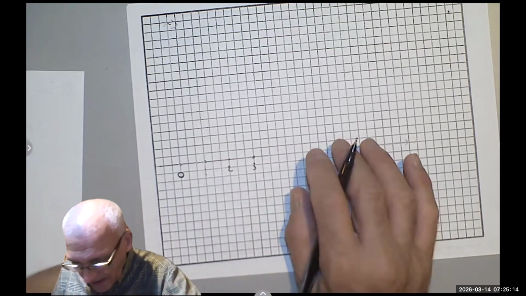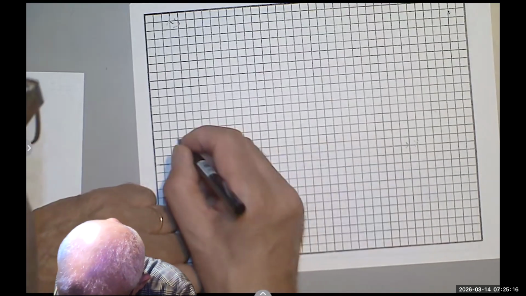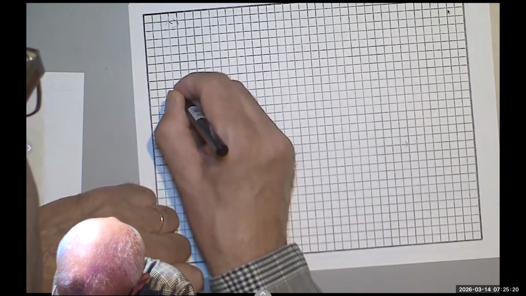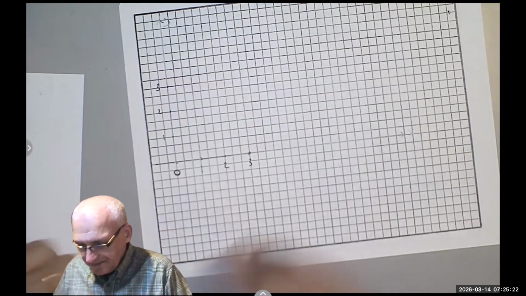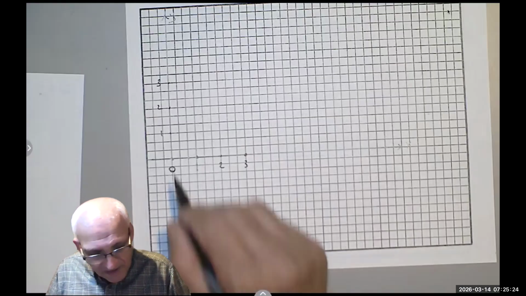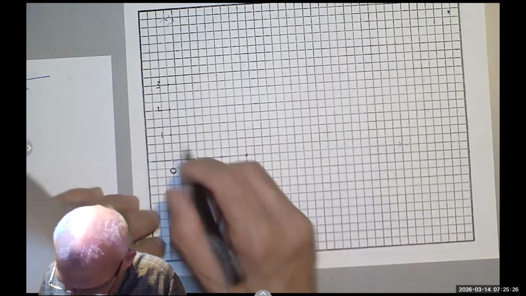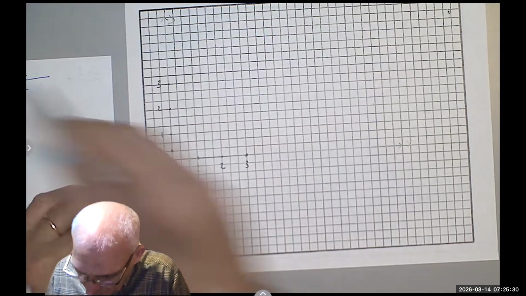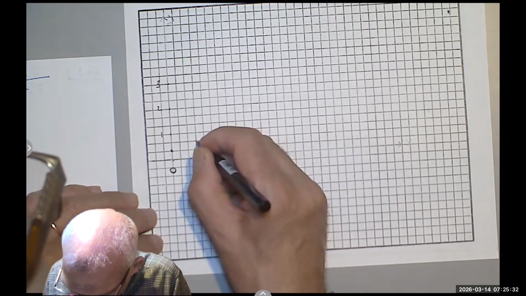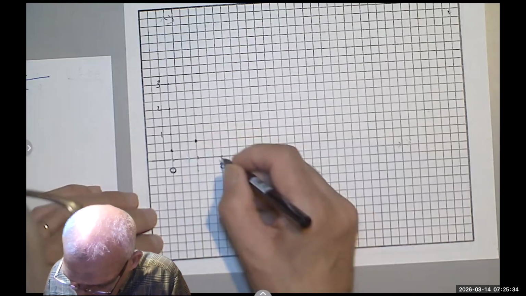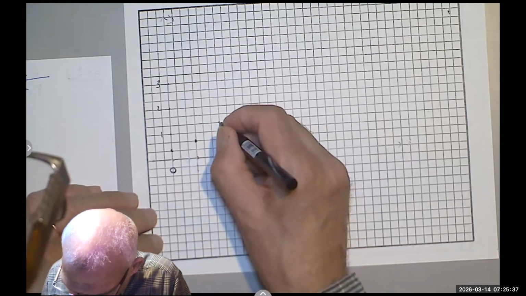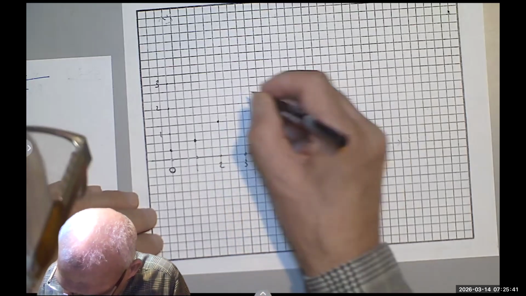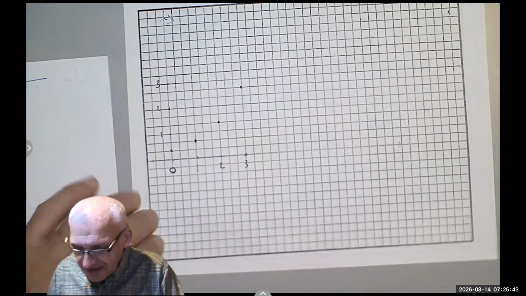And for the y, again, this is 1, this is 2, this is 3. Now, at 0, we have 1/3. So at 0, I have this point. At 1, I have 2/3. At 2, I have 4/3. At 3, I will have 8/3, and so on and so forth.